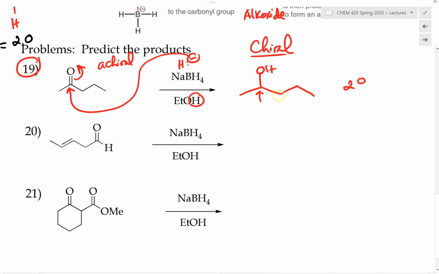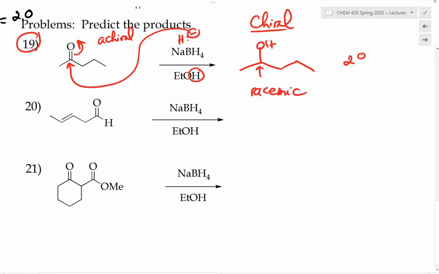We can see that this reaction provides no selectivity at all in terms of stereochemistry, because the hydride can be added either in the front or in the back of this carbonyl. It does not matter. So therefore, we'll be producing a racemic mixture of these two different products.